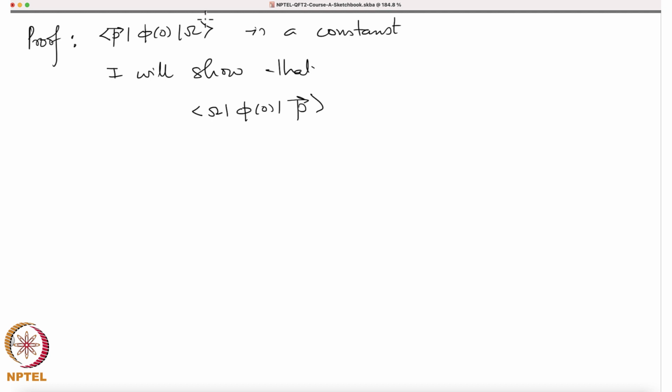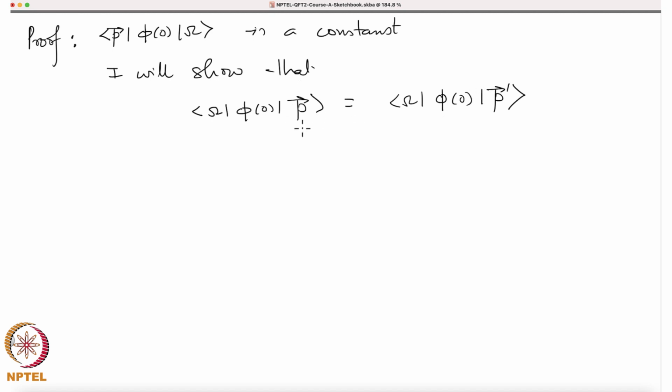So it doesn't matter whether I show this is a constant or that is a constant. And whatever I am going to do, you can do it for this. There is absolutely no difference. So I am going to show that this is equal to this some other p prime.